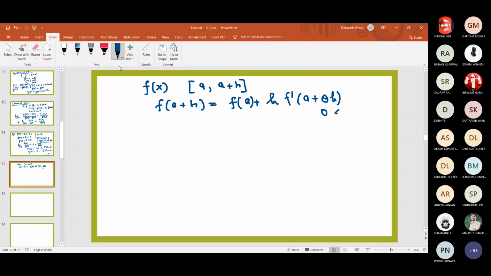We must mention this is an open interval from 0 to 1.